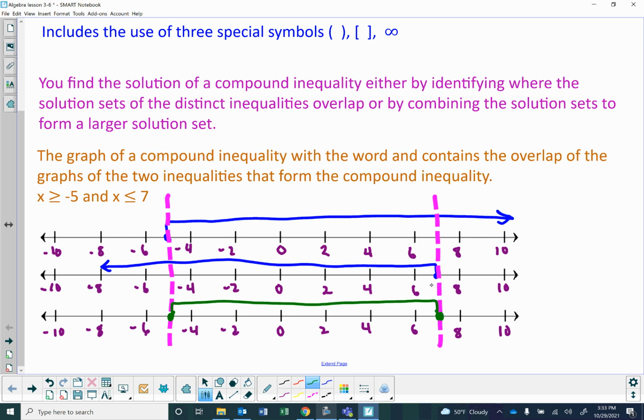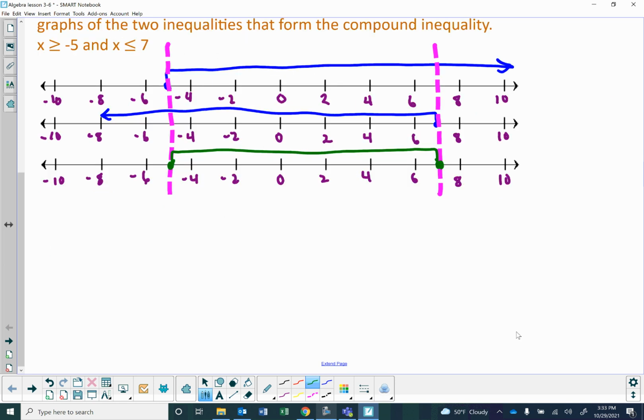So this would be the solution, and if you look at that solution, we could write it. We've graphed the solution; the graph is the green line, and the solution is that x is greater than or equal to -5, but less than or equal to 7. X is literally between -5 and 7. Every time you write an "and" inequality and combine it into one inequality, the smaller number goes on the left side, the bigger number goes on the right side, and you are always using a less than symbol, less than or equal to, or less than.